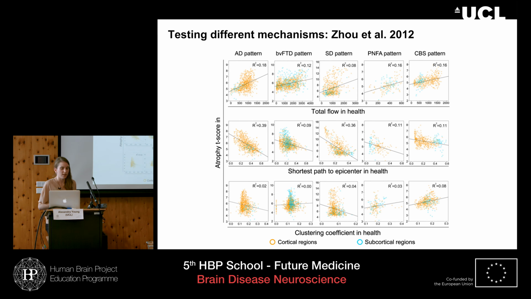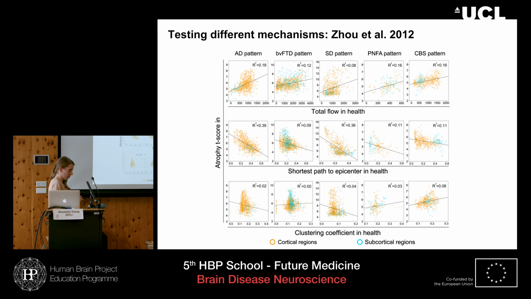So they tested different mechanisms for a range of different types of conditions. Here the top is the total flow measures. For each node in the graph, you can look at the total flow and correlate it with the atrophy pattern in that region, in that voxel. The total flow was indicative of nodal stress. The shortest path to epicenter is indicative of the transneuronal spread hypothesis.